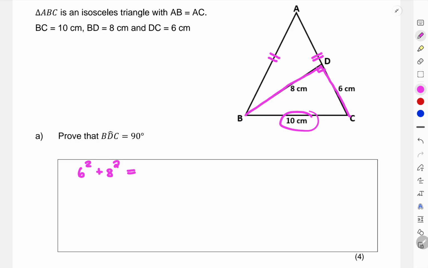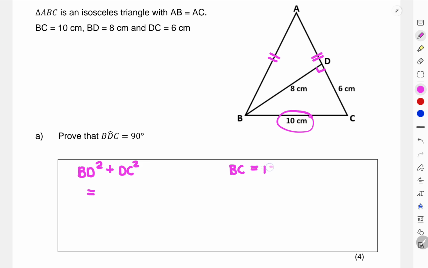Let me rather write it in as the angle so that you can see what I'm doing. So if I get BD squared plus DC squared as BC squared is equal to 10, BC is equal to 10, not BC squared, sorry.